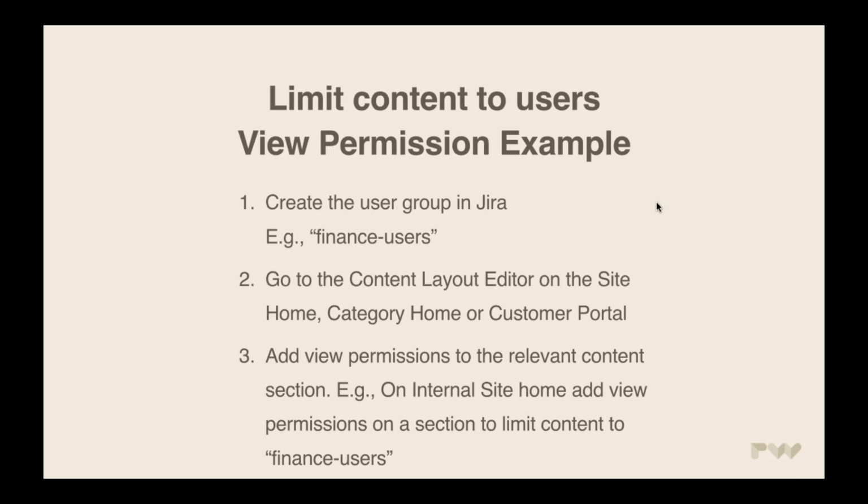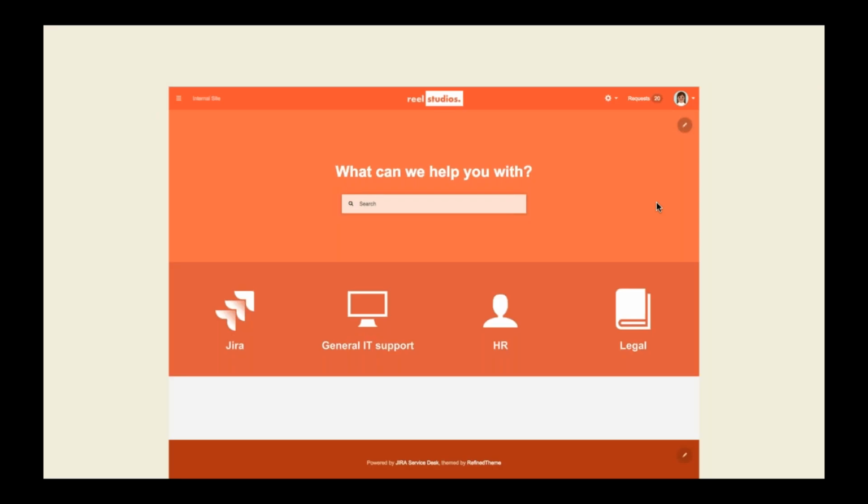Then you go into the content layout editor on either the site home, the category home, or the customer portal, and then you add view permissions to the relevant content. In our case, it would be on the site home, we can add view permissions to a section, which I'm going to show you, and we only want that section to be visible to the people on the finance team.